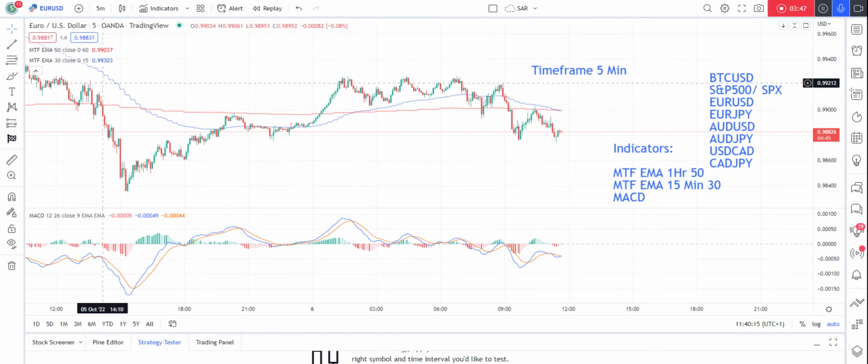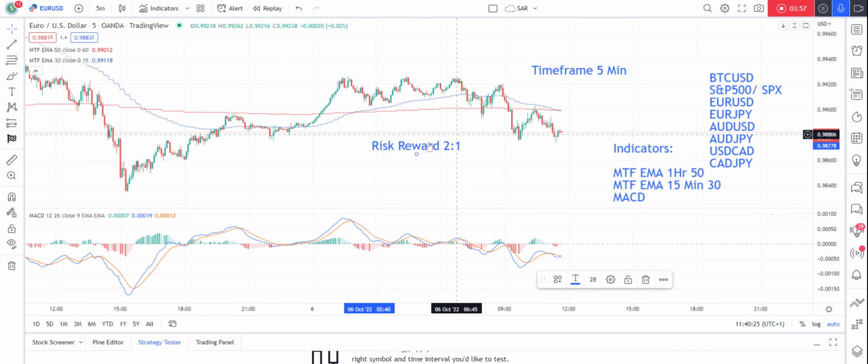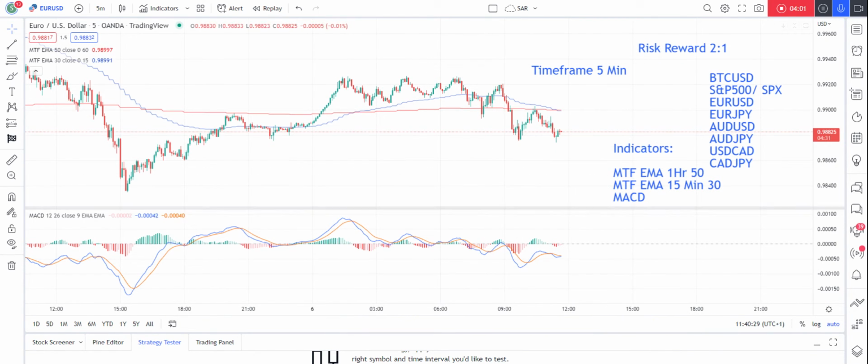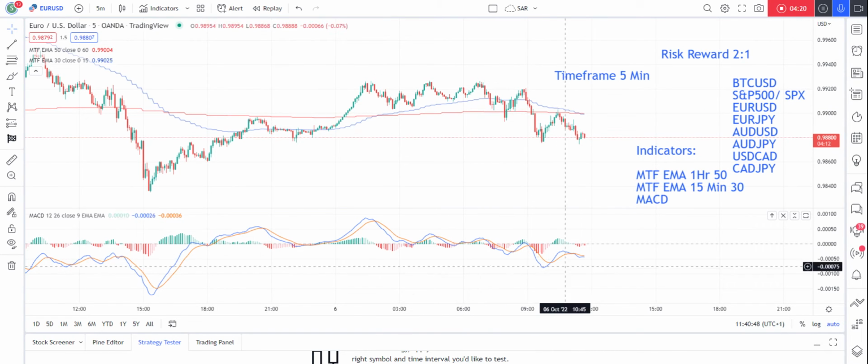So the rules are quite simple. Let's put first the risk reward, which is 2 to 1, which is quite useful. So the rules now: there needs to be a crossover between the faster moving average and the slower moving average. So the fast one needs to be above the slow one, and the crossover on the MACD needs to be down below the 0 line for the longs.